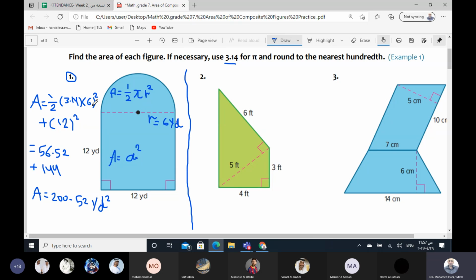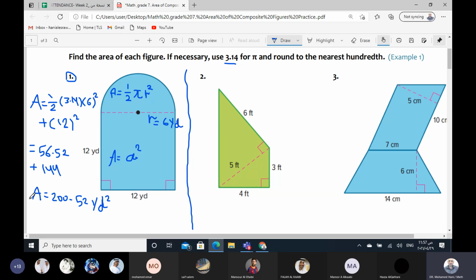So here up we have a semicircle and here down we have a rectangle. So find the area of the semicircle, then find the area of the rectangle, then add the two areas to know the area of the composite figure.